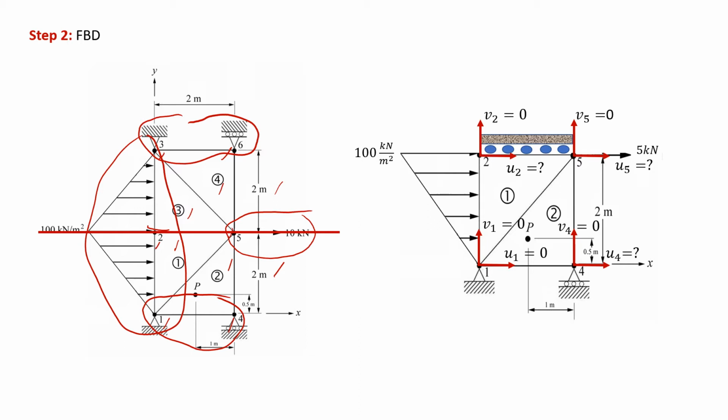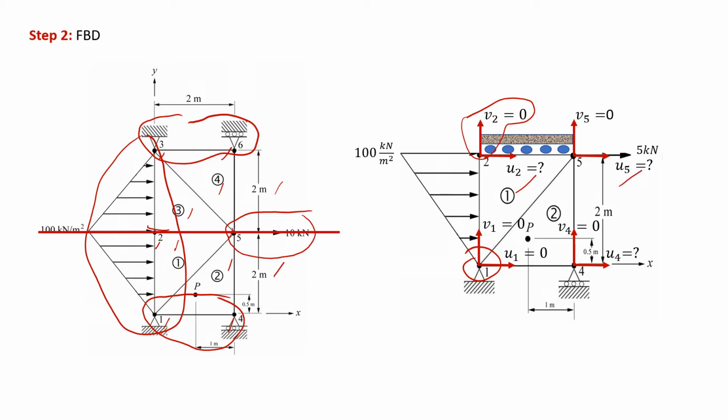Next, we have to determine the boundary condition at each of the nodes. Node 1 is pin supported. Therefore, both U1 and V1 are 0. Node 2 is a fixed roller, meaning that it can't move in Y direction, therefore V2 is 0, but it can still slide in X direction. Thus, U2 is unknown. The same boundary condition is also observed at node 5.